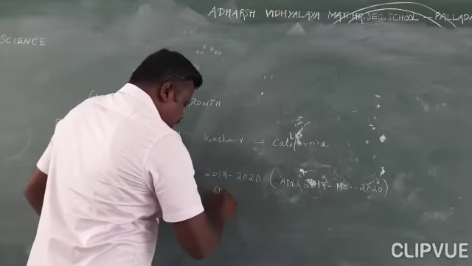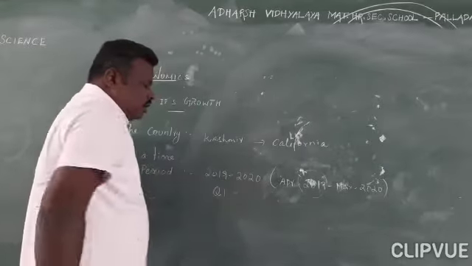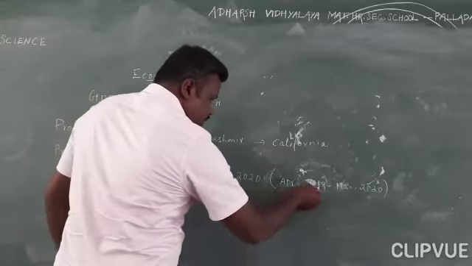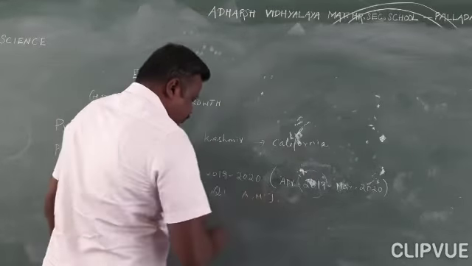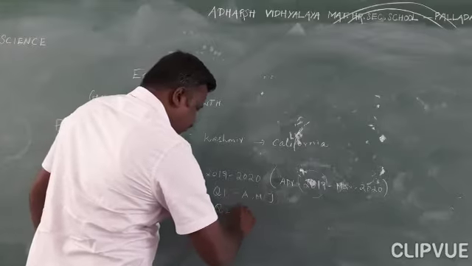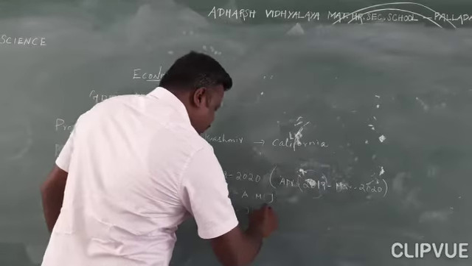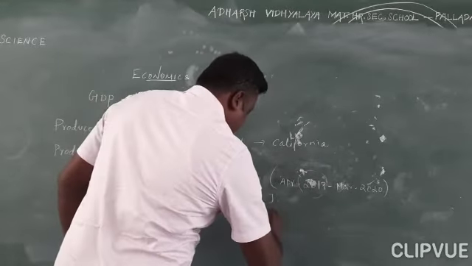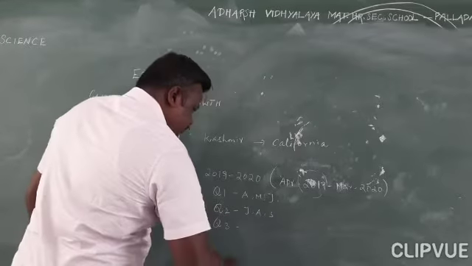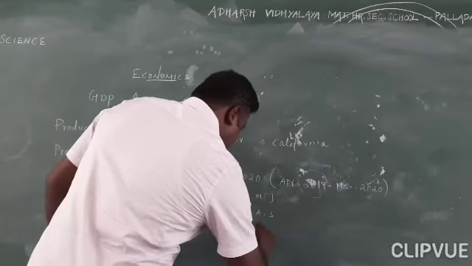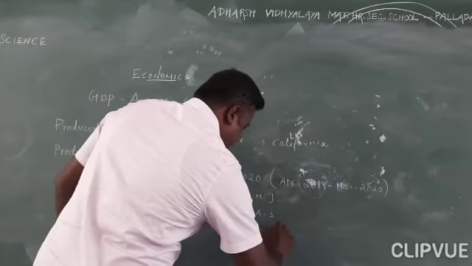The first quarter we call the months of April, May and June. Second quarter, July, August, September. Third quarter, October, November and December.